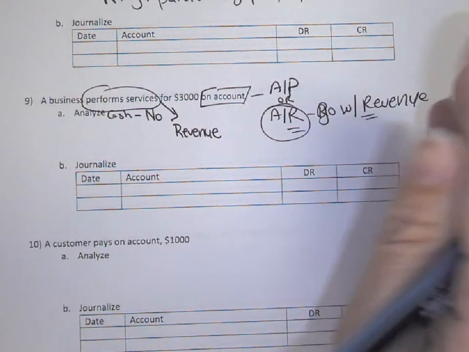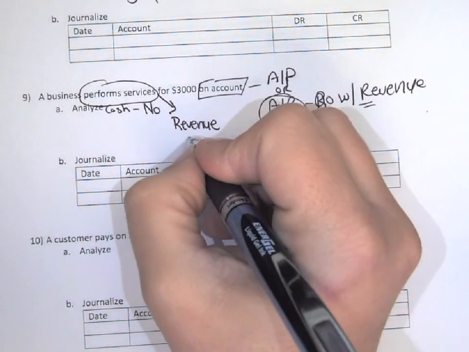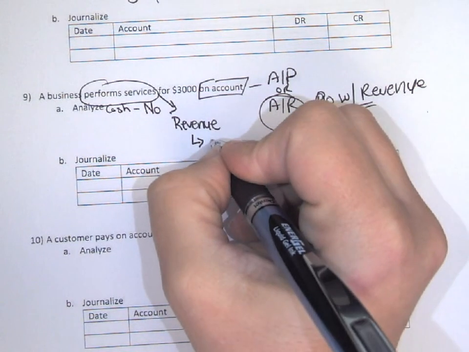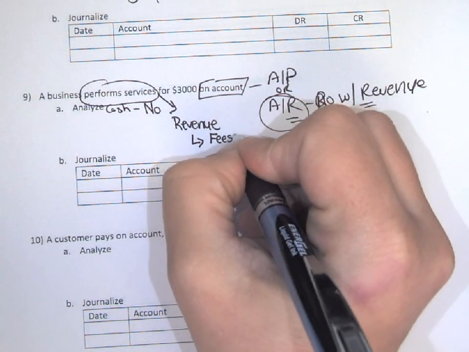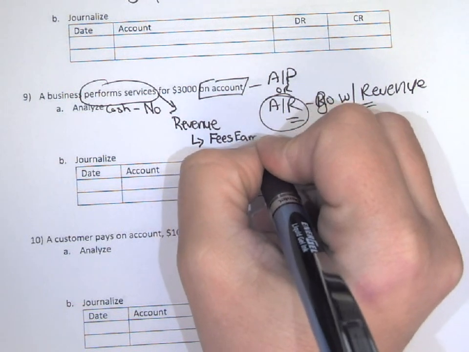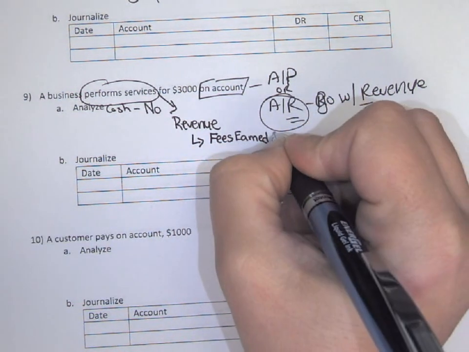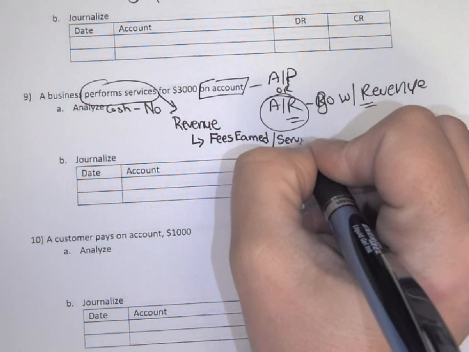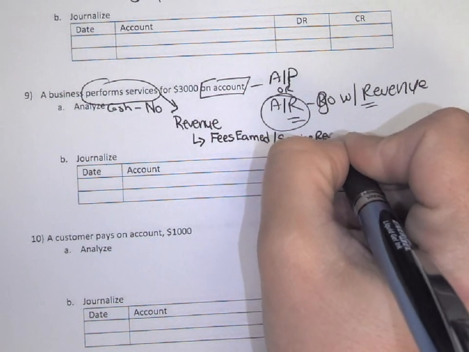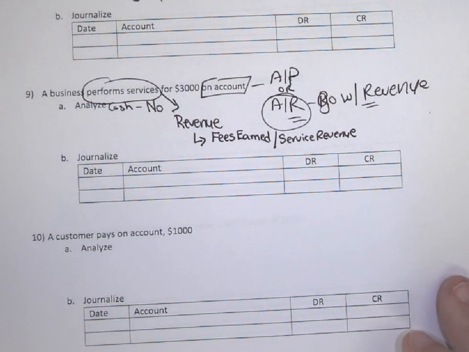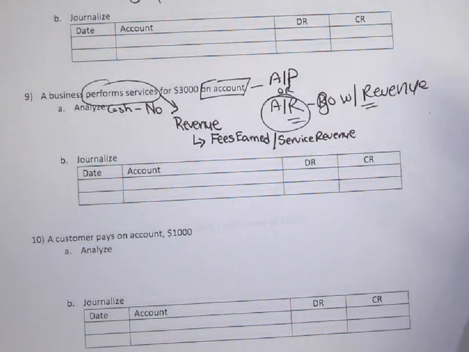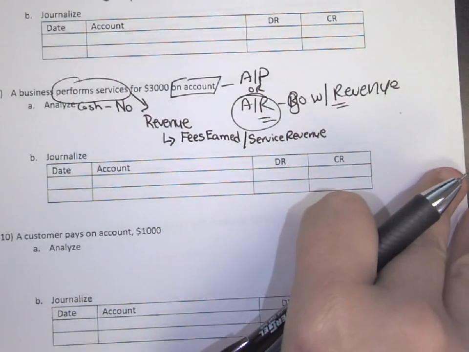Now, what revenue account? Well, we performed services, so fees earned is a possibility. It also could be service revenue. It really just depends on what our chart of accounts is using for that particular one. In this case, we do have to analyze it because we need to know what's going on.